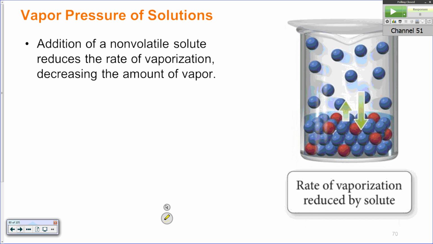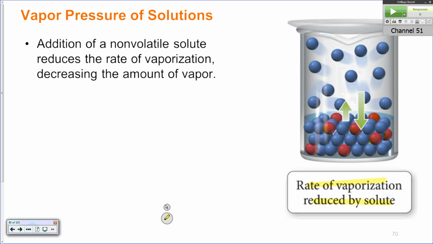Because when a solution occurs, some of the solute particles get into the surface and they block some of the solvent from going into the vapor. Therefore, not as much can be volatile, so the rate of vaporization is reduced by the presence of the solute.